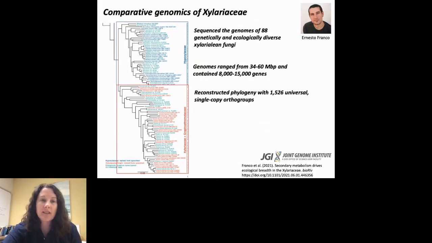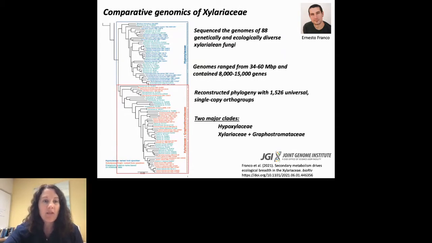We reconstructed the phylogeny of the family with about 1,500 universal single copy orthogroups, and that phylogeny is here on the left. We got a highly supported tree showing two major clades. And again, with that systematic revision, instead of one family, it looks like we have multiple families. For the rest of the talk, the top clade is the Hypoxylaceae, shown in blue.